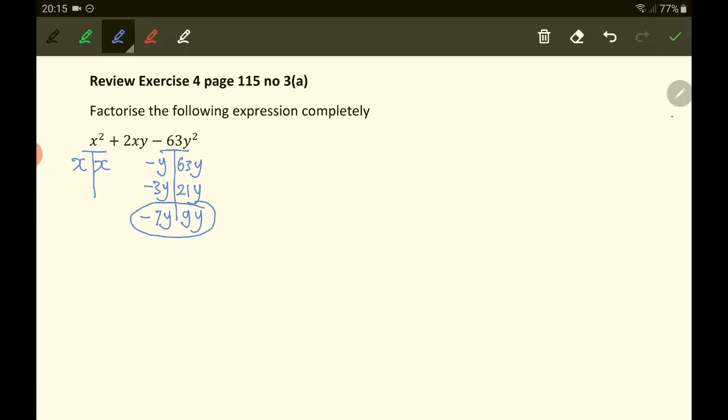So this is the cross method. You write x and x here, and then you write minus 7y and 9y here. This is for the x squared, and this is for the minus 63y squared.